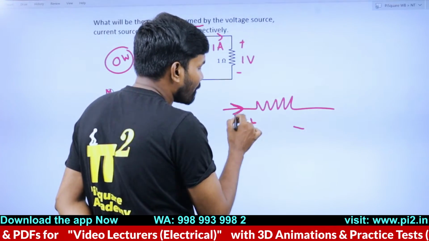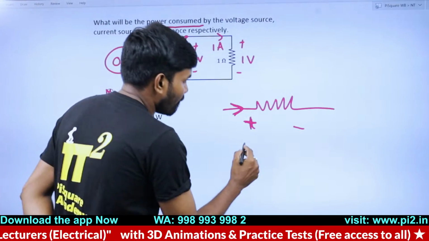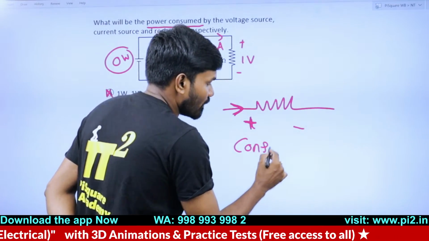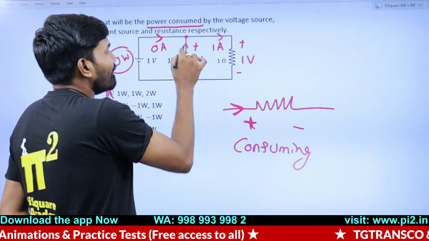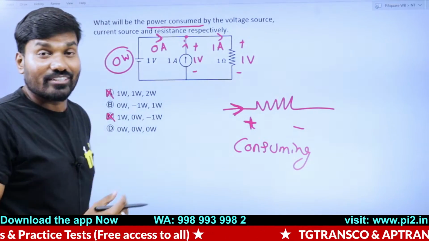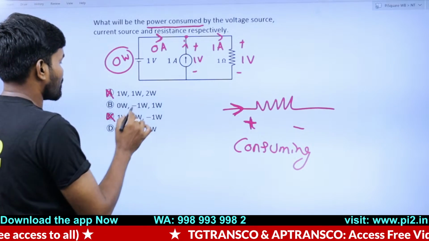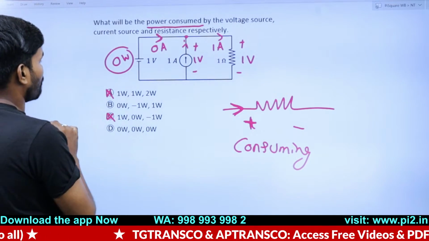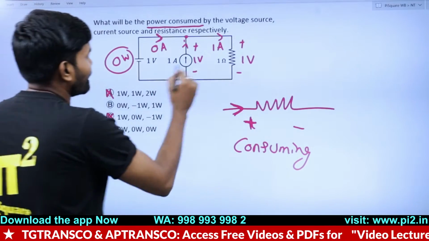Current entering terminal is positive, which means it is consuming the power. Here, current leaving terminal is positive, means it is delivering the power. How much? 1 ampere into 1 volt, which is 1 watt. Yeah, it is delivering.